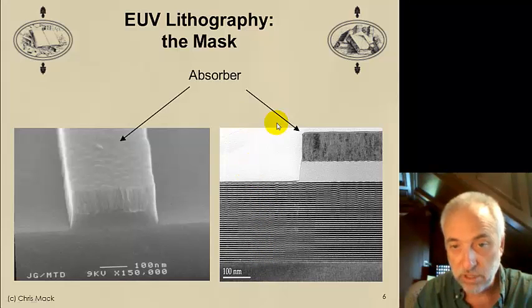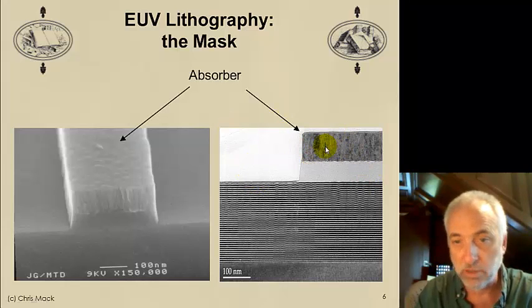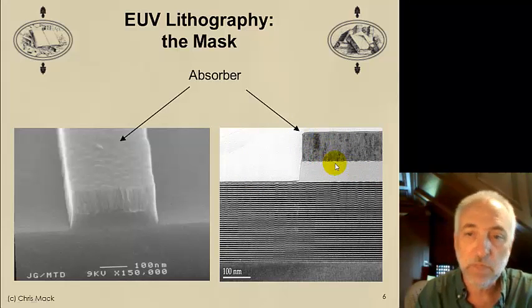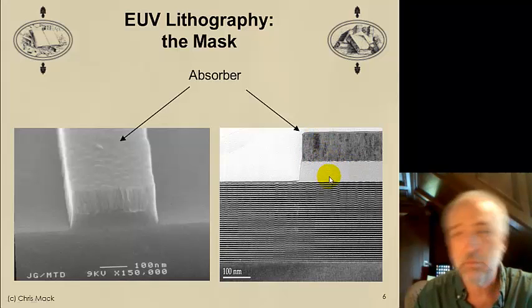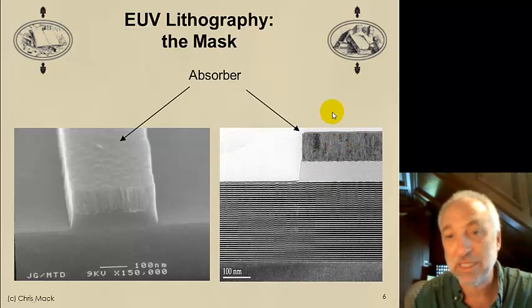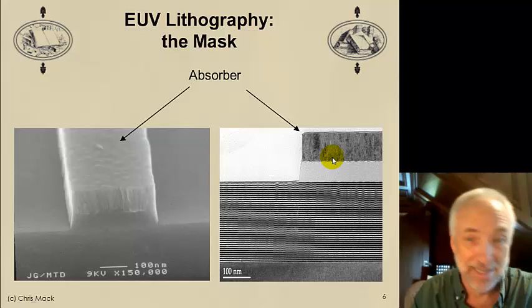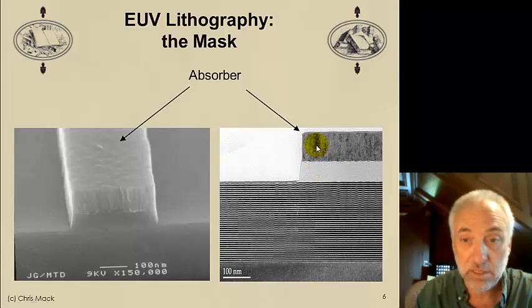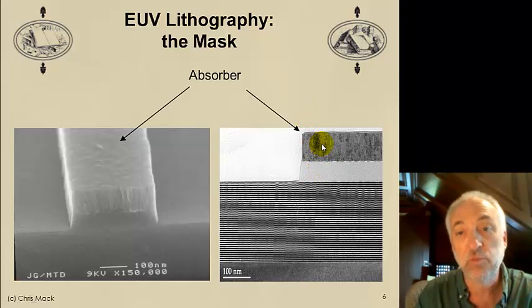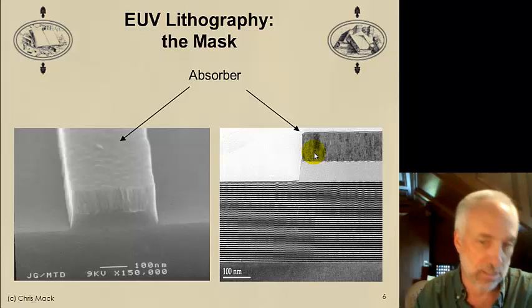So in this region, light is about 70% reflective. Then we've got an absorber. Tantalum something, rubidium cap. I can't remember all the exact details of how this is made now, but you can see it's a multi-stack of materials that absorb the light rather than reflect it.